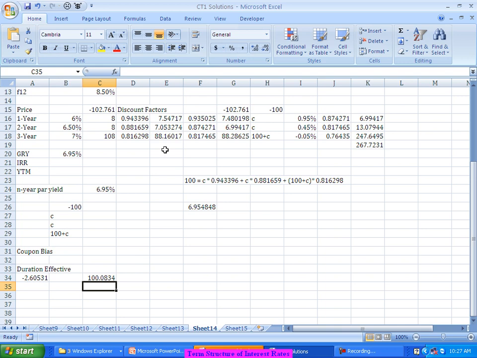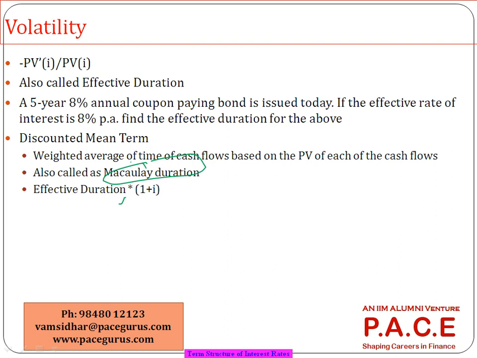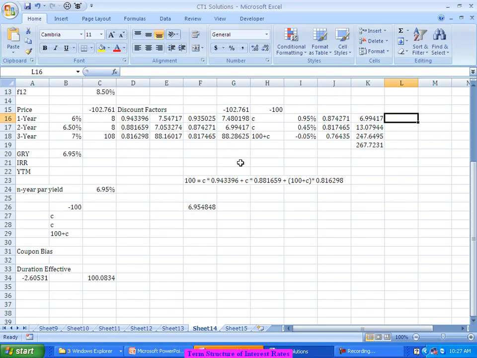So discounting factors, these are the discounting factors assuming the gross redemption yield. So the weighted average, not on the discounting factors, we are taking the weighted average on the present values of the cash flows.